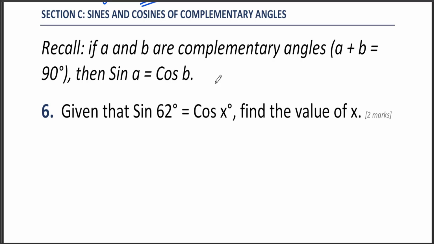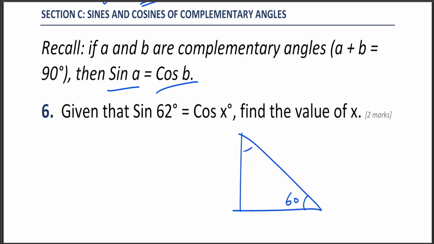Now section C, sines and cosines of complementary angles. Recall that if A and B are complementary angles, it means that A plus B is equal to 90. So this means that sin A is equal to cos B. Na nadhani mwakumbuka wakati tulikuwa tunafanya, if maybe hii ni 60, hii ni 30 na ukapata 3, 4, 5, sin 60 is equal to 3/5, opposite over hypotenuse.